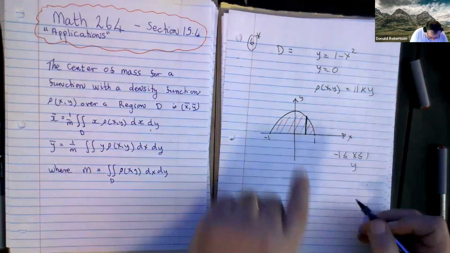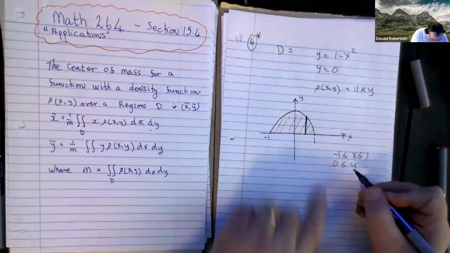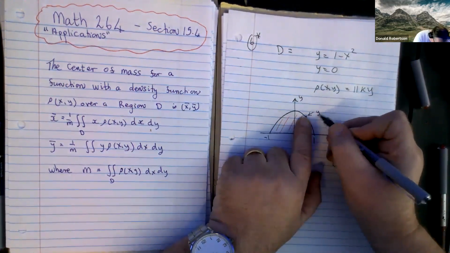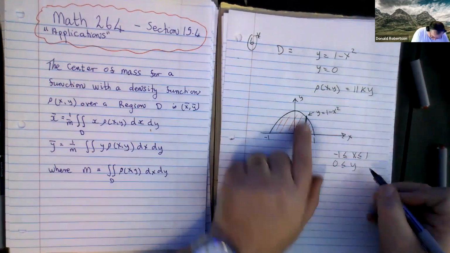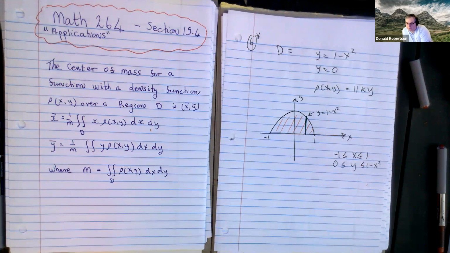And the y values, from the bottom of the rectangle to the top, start at 0 and finish at 1 minus x squared. Actually quite straightforward, that one, wasn't it? It wasn't really too much to do.